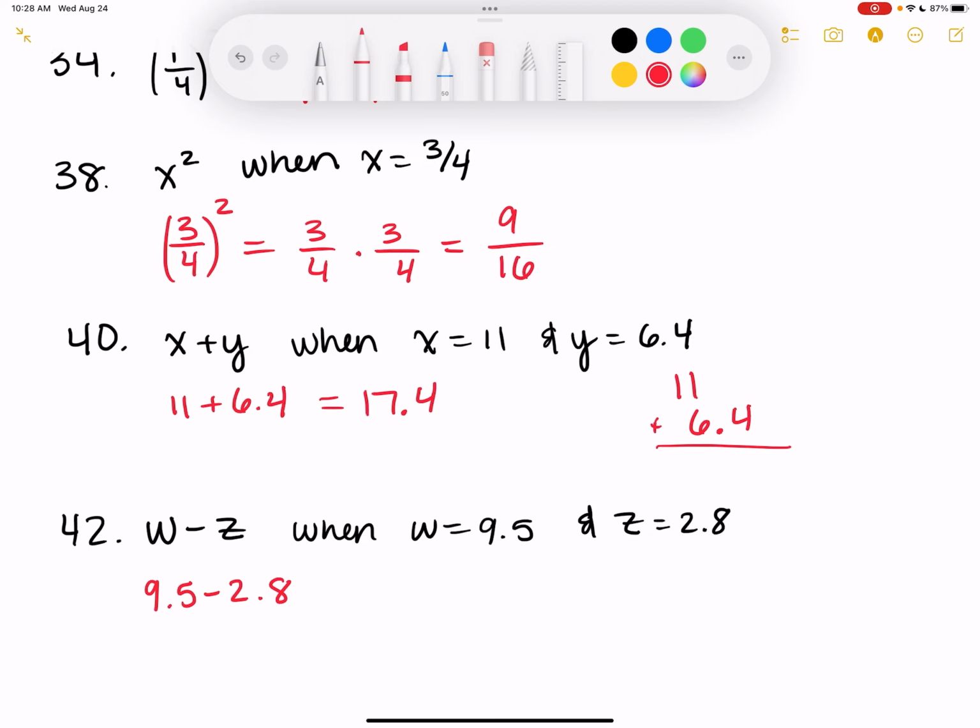With these ones, since they both have a decimal, I would say it's probably easier to write it stacked up like this to deal with, especially because it's subtraction. So I have 9.5 minus 2.8. 8 doesn't go into 5, so I'm going to have to take 1 away over here. So then that's going to be a 0.7. And then 8 minus 2 is going to be 6. So my answer will be 6.7.